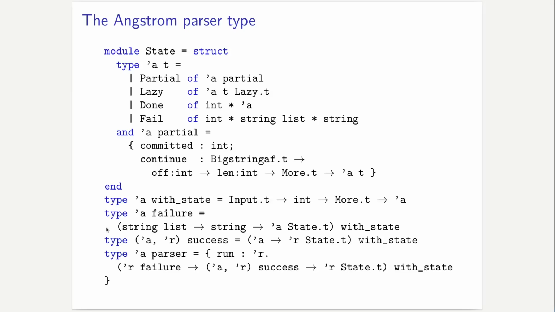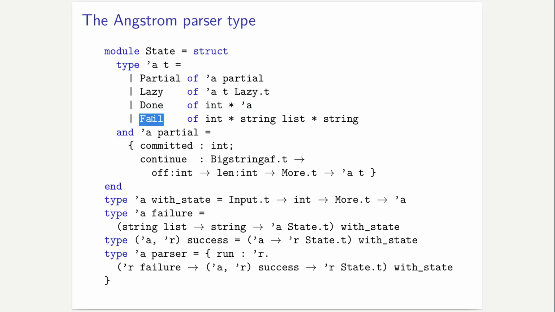Roughly speaking, a parser in Angstrom is a function that takes the state of the input stream, a continuation to call if the parse fails, and another continuation to call if the parse succeeds. And it returns, well, it might return success and the value you parsed.